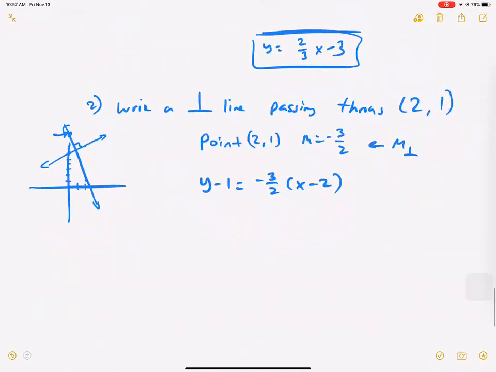Now we're going to multiply this out. Y minus 1 is equal to negative 3 over 2x. We're practicing our distributive property. Negative 3 over 2 times negative 2. The 2's divide out, becoming a 1. We're left with negative 3 times negative 1 is positive 3. Almost there.